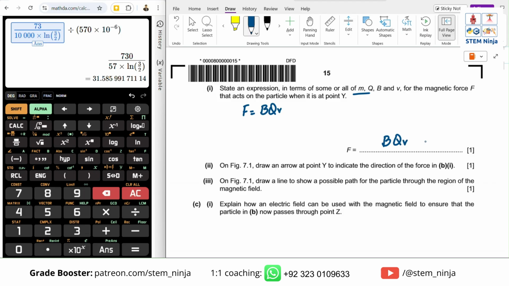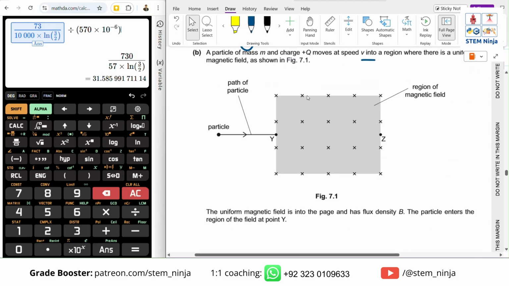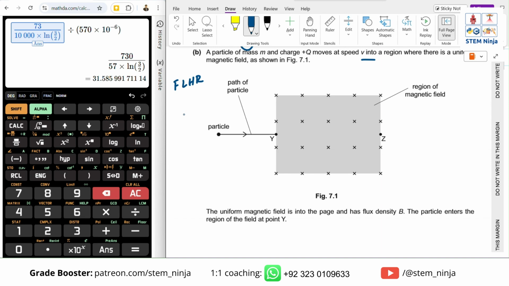On figure 7.1, draw an arrow at point Y to indicate the direction of force. The direction of force is decided by Fleming's left hand rule. This is a positive charge, so current is in this direction, the middle finger basically.